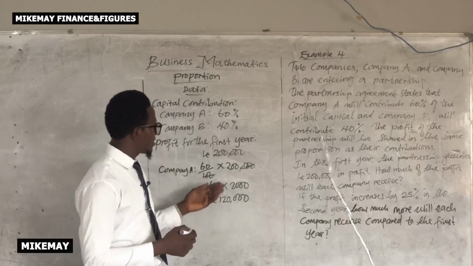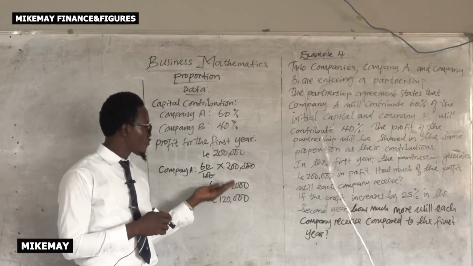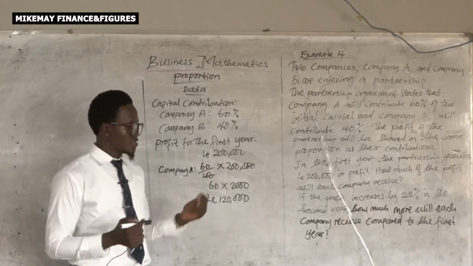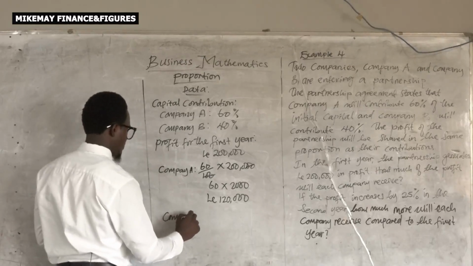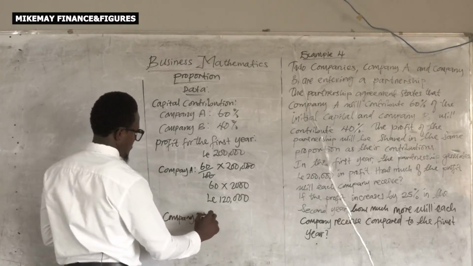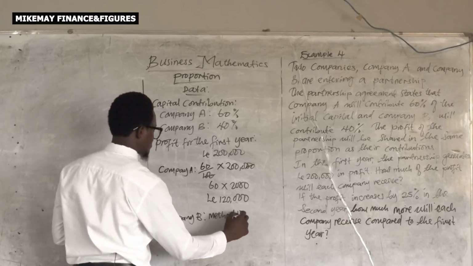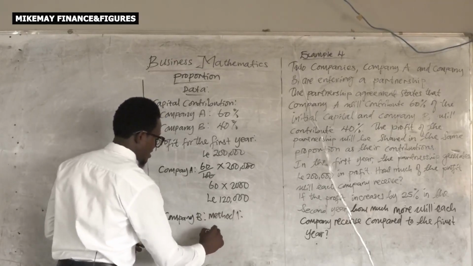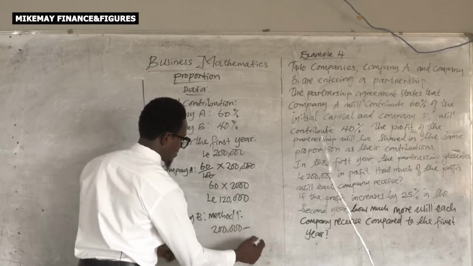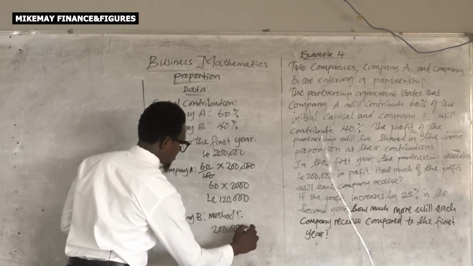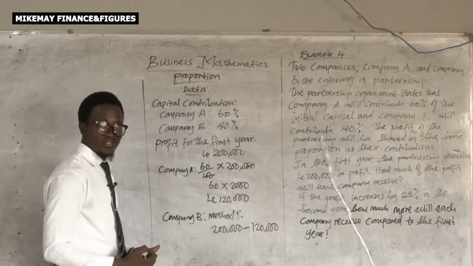For company B, you either take out what company A has received as part of the profit from the total profit they generated. So if I'm to work out the profit for company B, method 1, I will just take out the part of the profit, which is 120,000, received by company A from the total profits they generate.